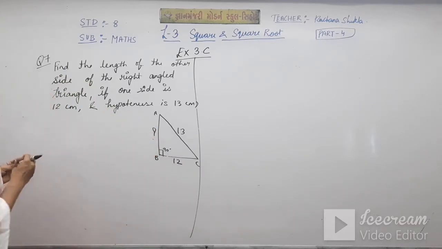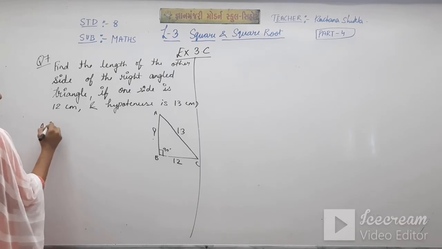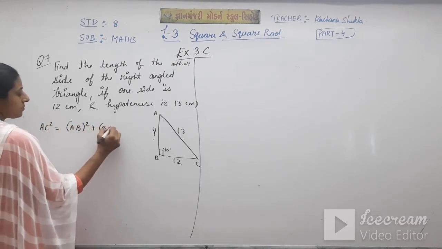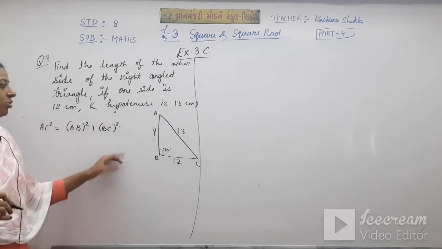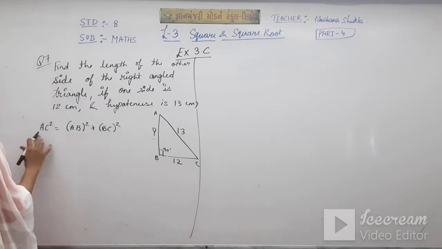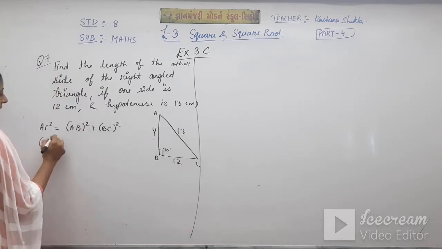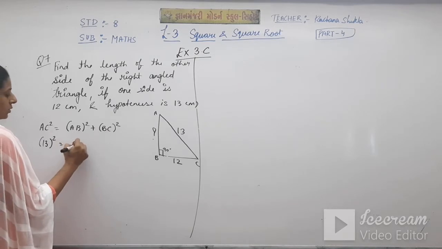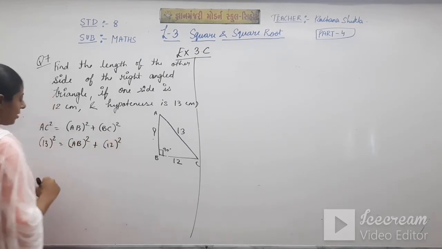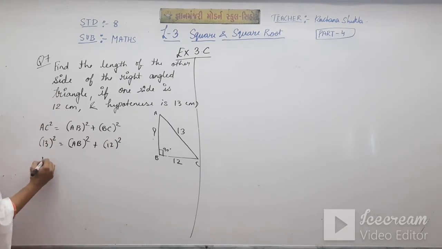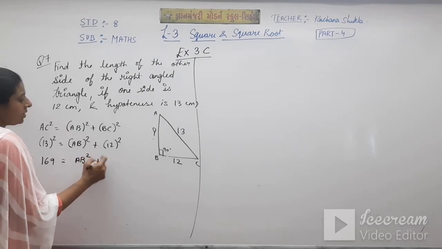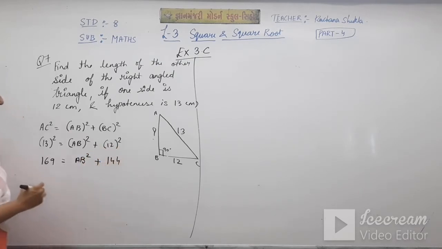How will we find it? AC square is equal to AB square plus BC square. This is the formula: hypotenuse square equals the sum of the squares of the sides. AC square is 13 square, equal to AB square as it is, plus BC square, which is 12 square. 13 square is 169. AB square as it is. 12 square is 144.